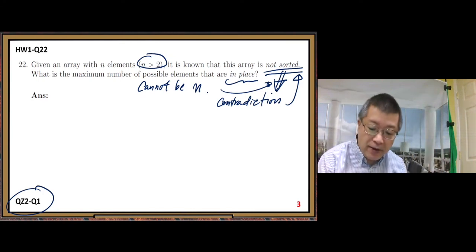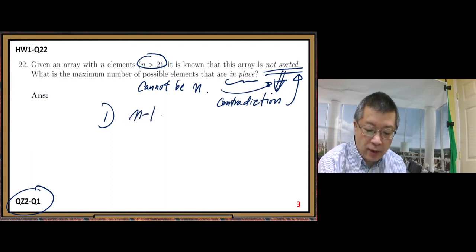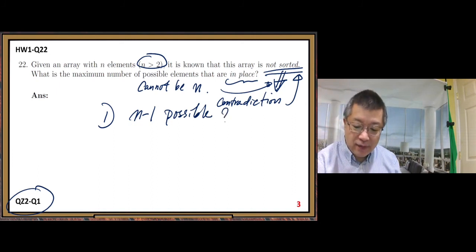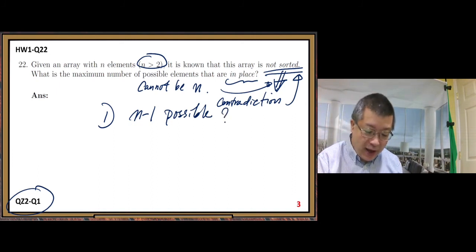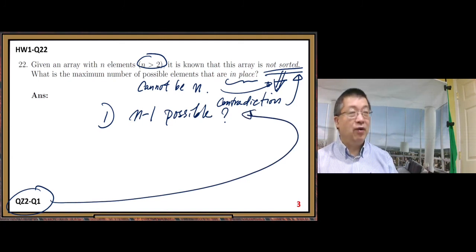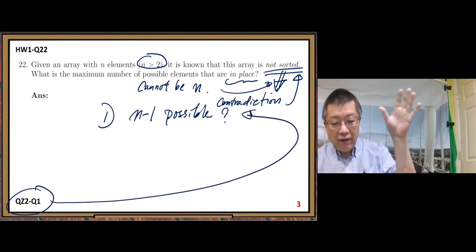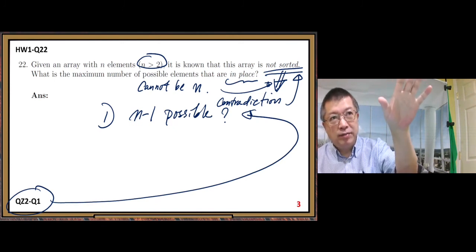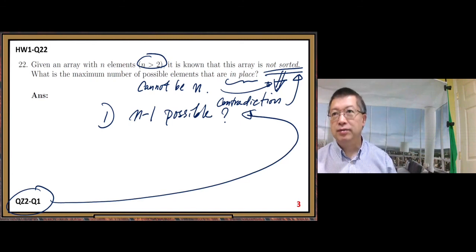Then next, is it possible to have n minus 1 elements in place? Possible or not? Our quiz question will tell you if n minus 1 elements in place is possible or not.